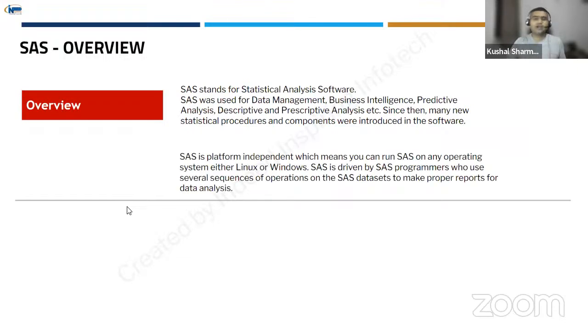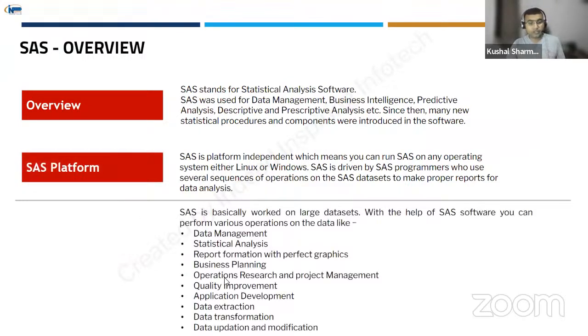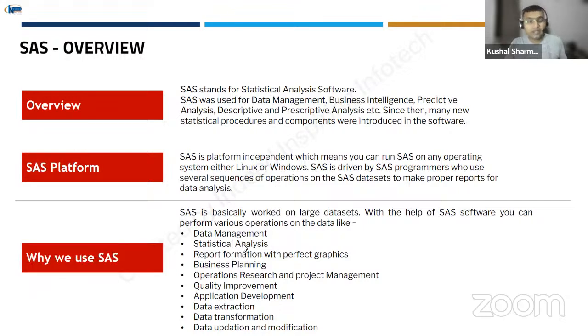SAS is also platform independent, which means you can run it on any platform. With the help of SAS you can perform various operations like data management, statistical analysis, report formation with perfect graphics, business planning, operations research and project management, quality improvement, application development, data extraction, data transformation, data updation and modification. So many things you can do with SAS.